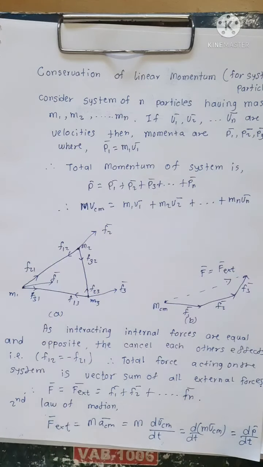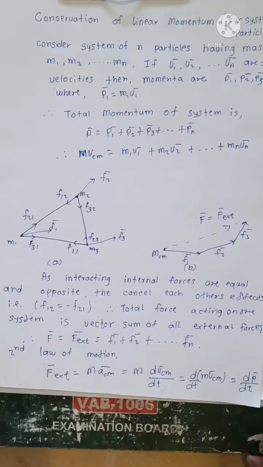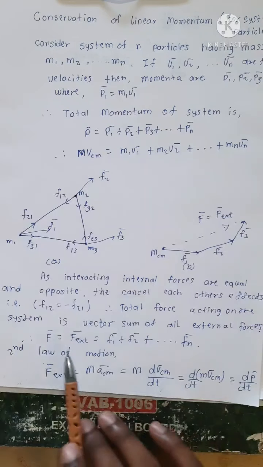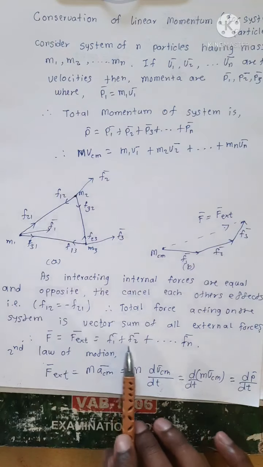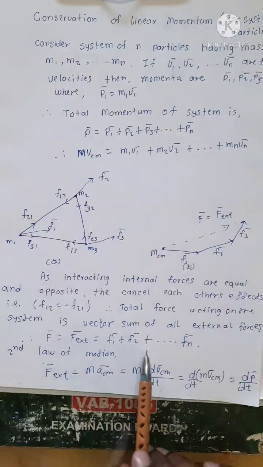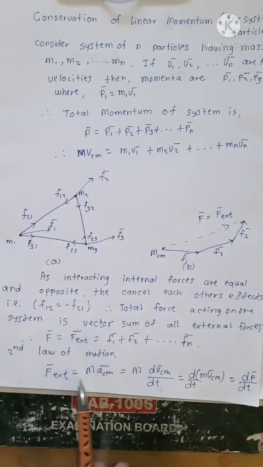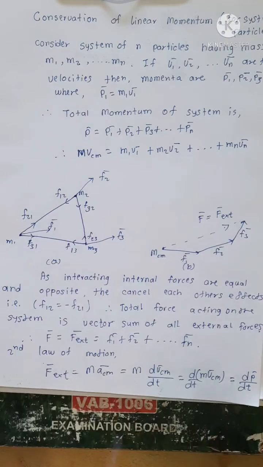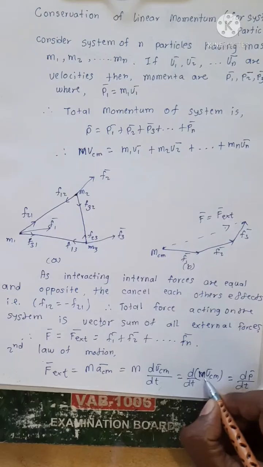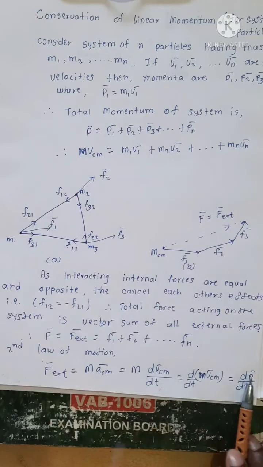So we can write F bar, the force acting on the system of particles, is nothing but F external, that is the sum of F1, F2 up to Fn. By Newton's second law of motion, we know force is mass into acceleration. So mass into acceleration is mass into rate of change of velocity with respect to time. Again, take this m inside, and we know mass into velocity is linear momentum.